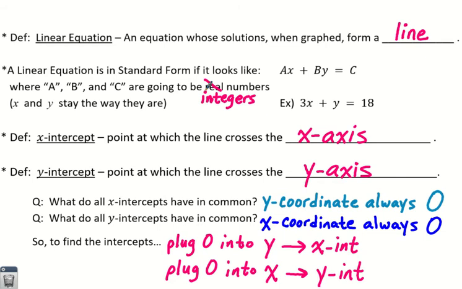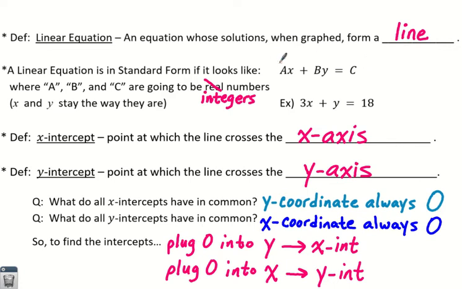Sorry, but you can at least call it a guideline, if not math religion etched in stone. Your A and B and C values aren't supposed to be fractions or decimals if you want to call your equation standard form.